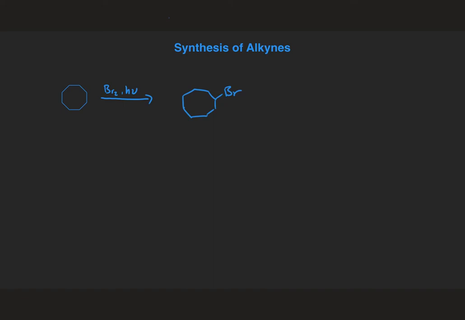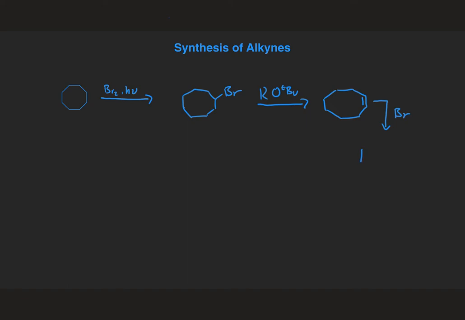And so the first thing I want to do is to convert this to an alkene. So I'm going to use potassium tert-butoxide to ensure that I do just elimination and form cyclooctene here. And we know how to convert an alkene into a dibromide by reacting that with Br2.